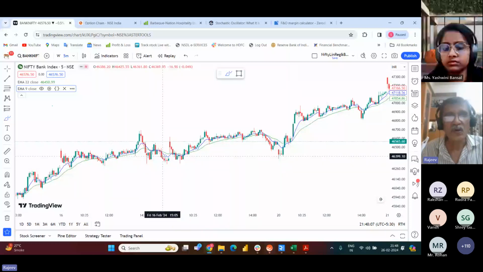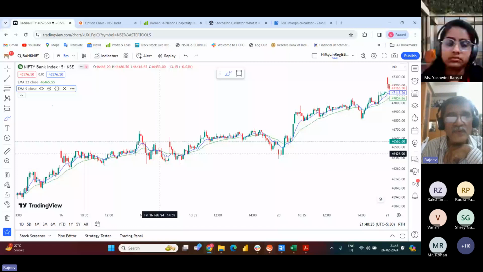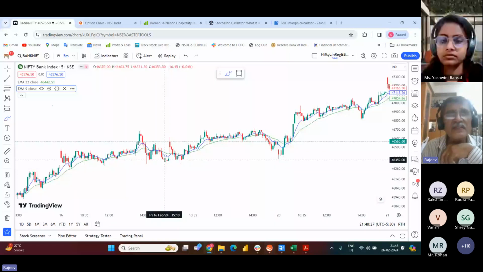Its price is shown here on the top when it crossed below, 46,453, and when it came down here, its price has become 46,348. So it has reduced from 443 to 348.